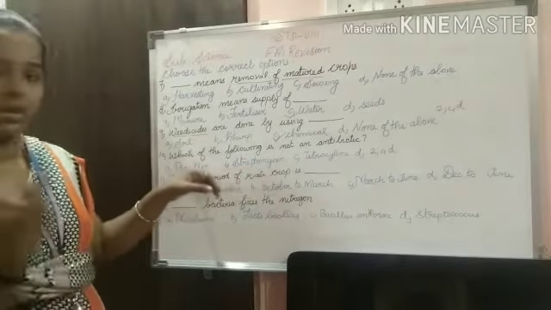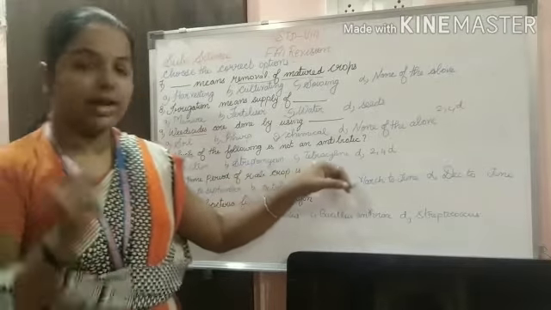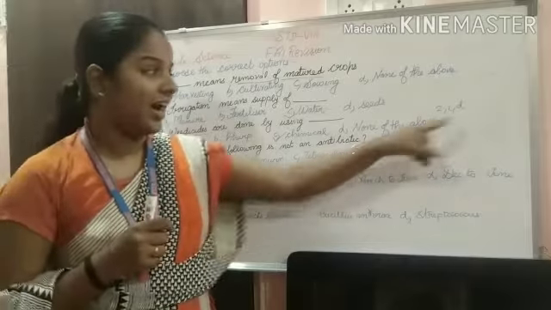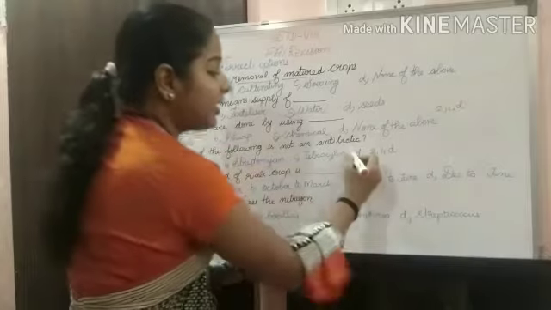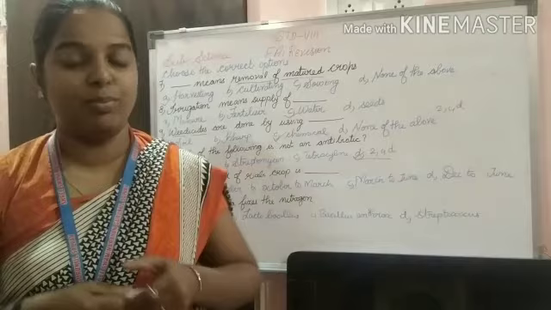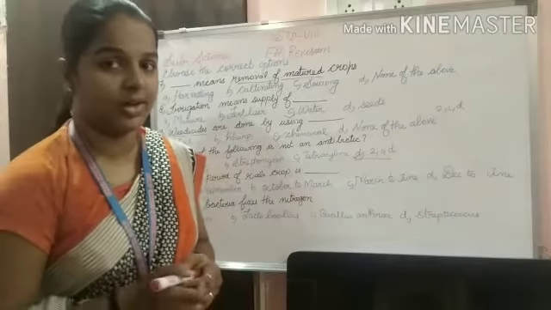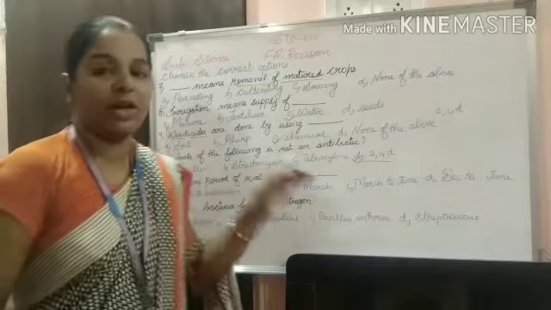So penicillin is the first antibiotic. Streptomycin is also an antibiotic. Tetracycline is also an antibiotic. And here you can see 2,4-D. What is it? It is a chemical used for weeding, meaning killing weeds. Understand, students? Let's move on to the next question.